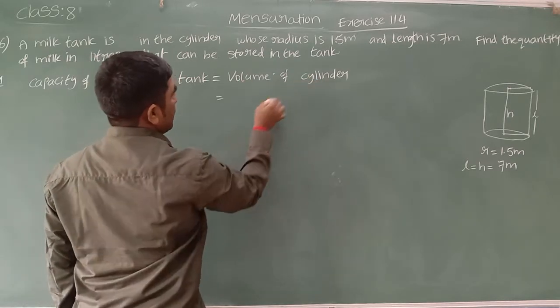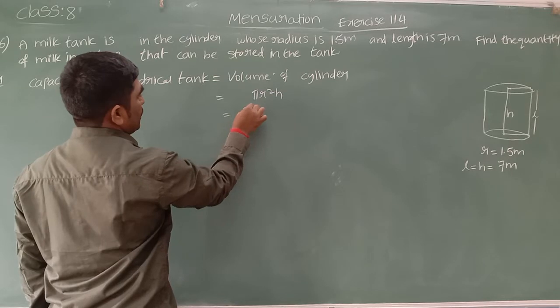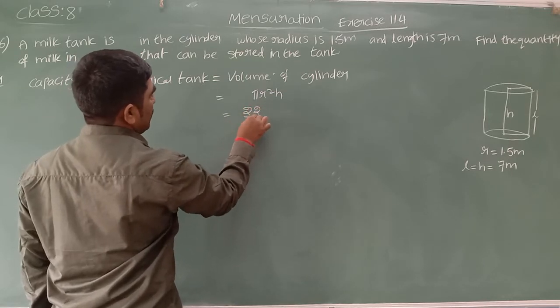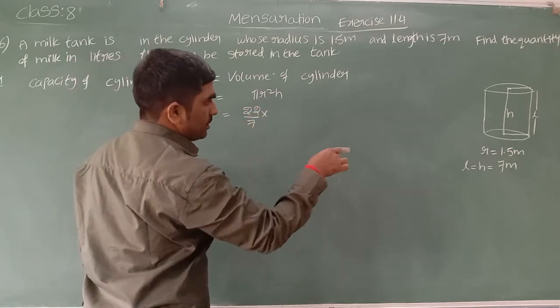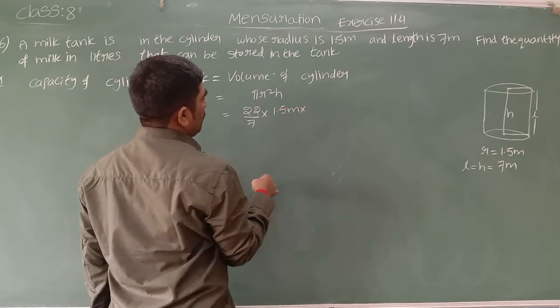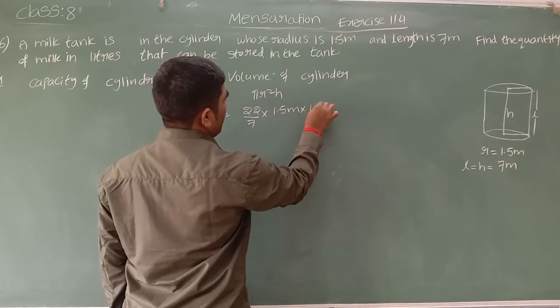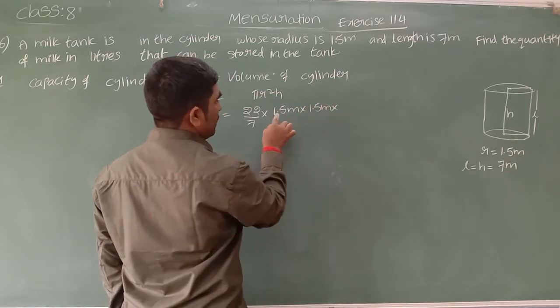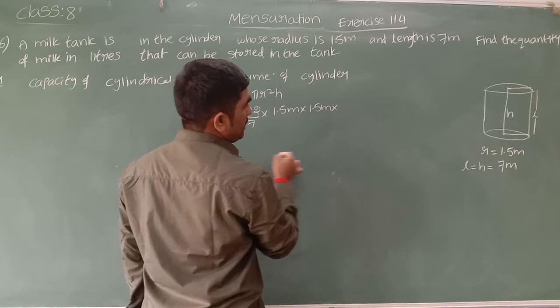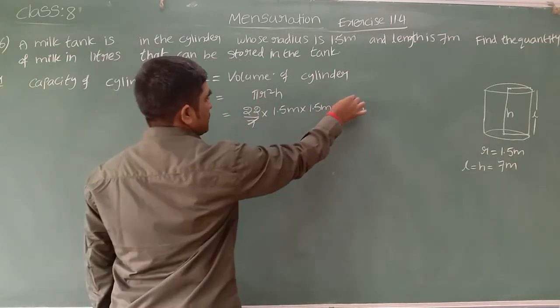What is the volume of a cylinder? Pi r square h is equal to 22 by 7. What is the radius here? The radius is 1.5 meters, radius squared, so 1.5 meters into 1.5 meters, radius into radius, where height is 7 meters. Simplify this, 7 7 cancel.